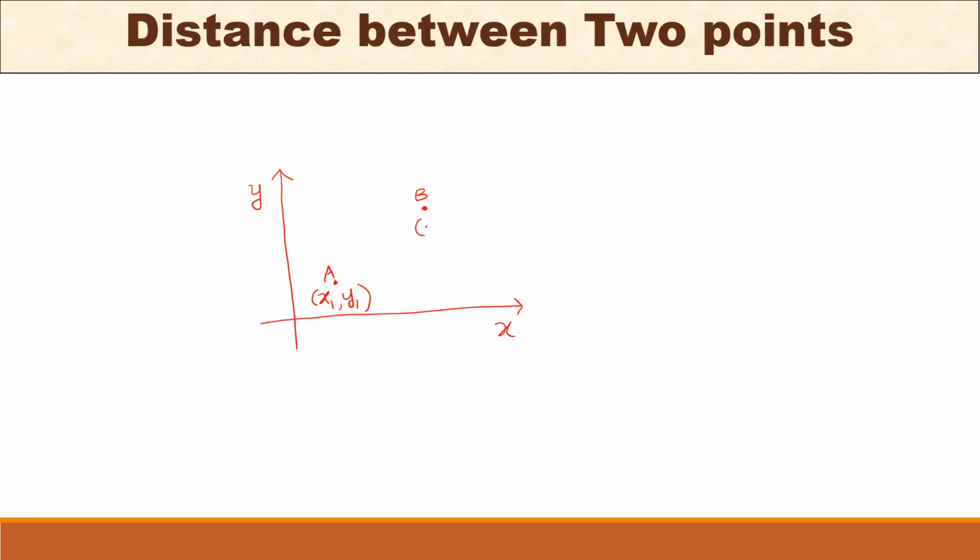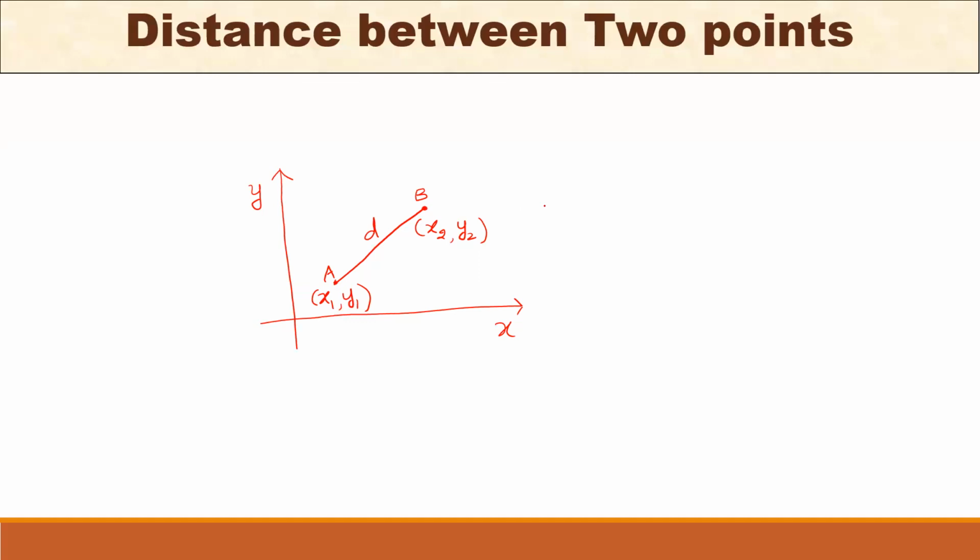Then the coordinates of point B are x2, y2. So given the coordinates of A and B as x1, y1 and x2, y2, we need to calculate the distance between these 2 points. This is the distance that we need to calculate.